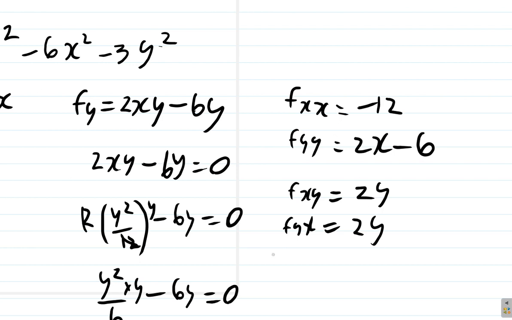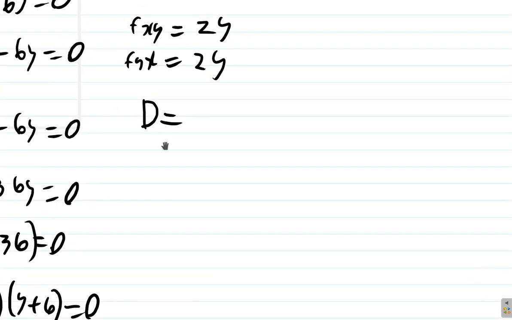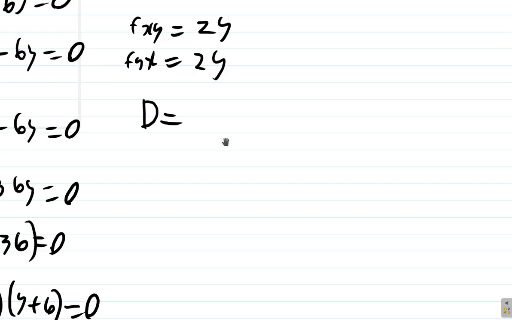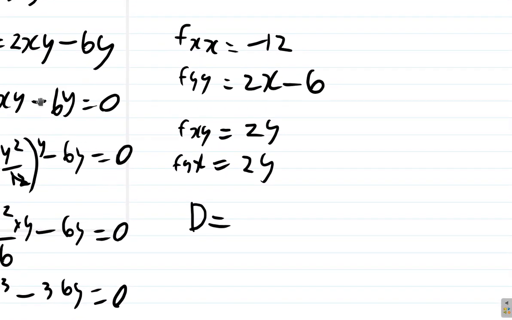We have D equals fxx at (a, b). So fxx at (a, b) is going to be negative 12 times fyy at (a, b), 2x minus 6, we're going to substitute it after.